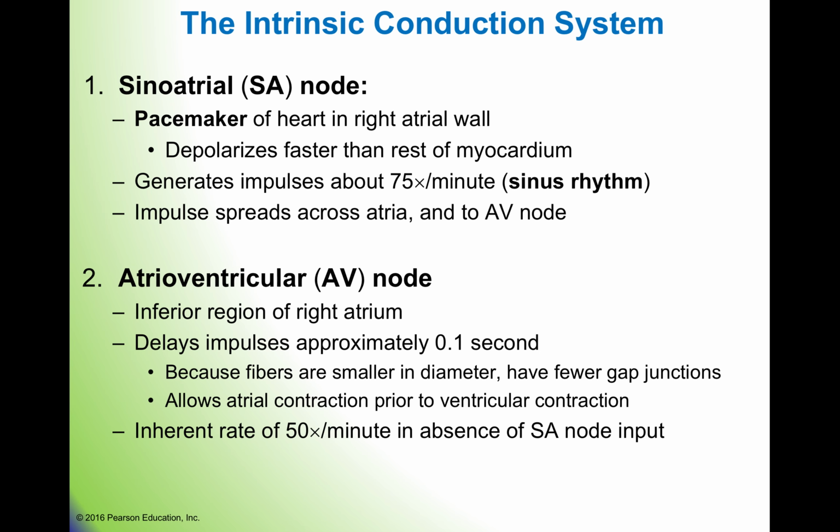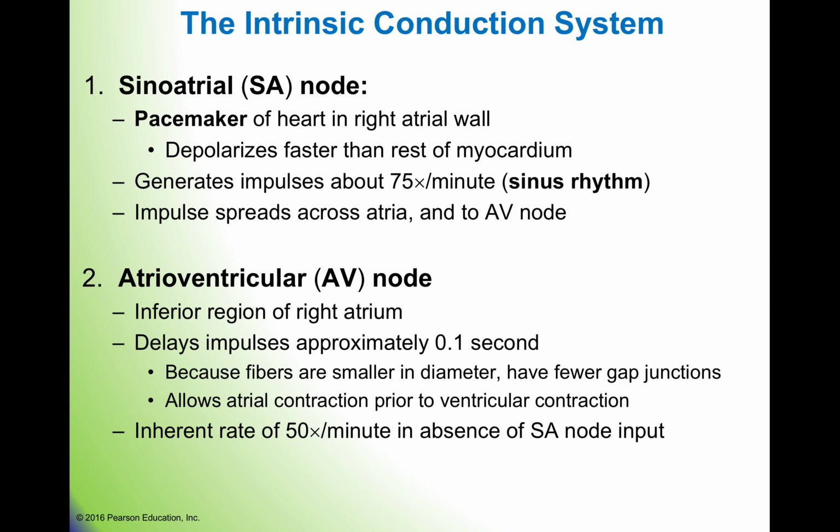Now ventricles can contract much more efficiently, because they're filled with blood, so they can circulate blood more effectively. So this delay of about 0.1 second inside the AV node before sending the signal to the AV bundle ensures that the atria are done with their contraction before the ventricles contract.